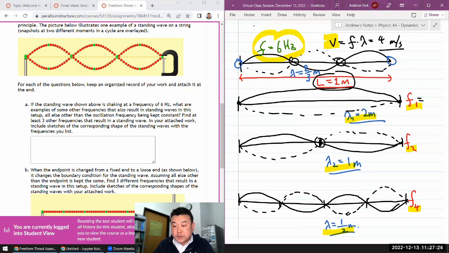So for all these frequencies, solving this for f, f should be v over lambda. So take 4 divided by these numbers. I would get 2 hertz, 4 hertz, 6 hertz, and then 4 divided by 1/2 would be 8 hertz.